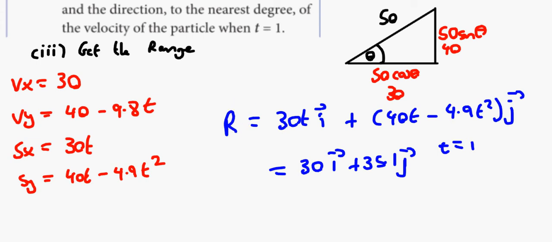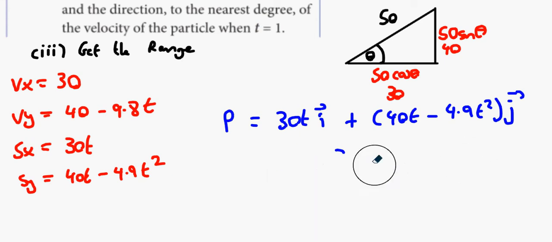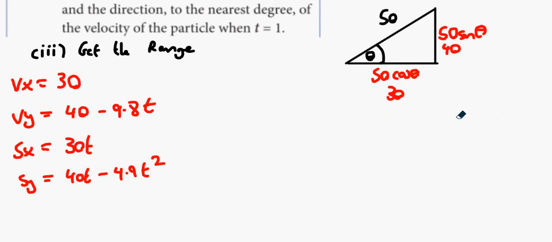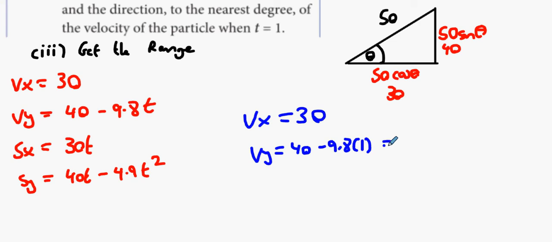So, say P is your position vector, okay? Now, that question is done. Next thing we're going to do is get Vx and Vy. So Vx always stays at 30. Vy is different because it's 1 second in. So Vy is 40 take away 9.8 times 1, which makes that 30.2.